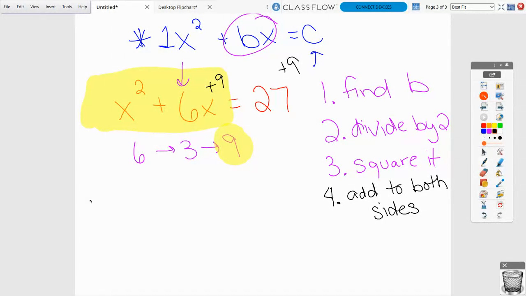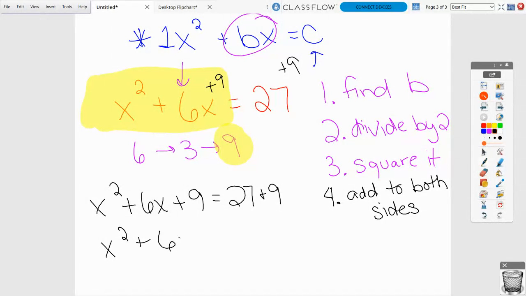And so now we have x squared plus 6x plus 9 equals 27 plus 9. Okay, 27 plus 9, I can add those together. So I have x squared plus 6x plus 9 equals 36.